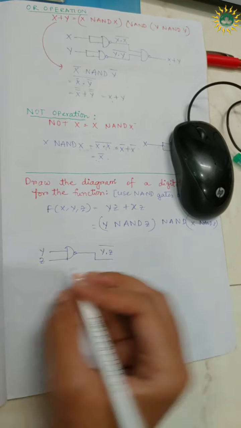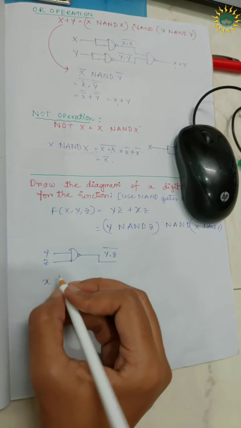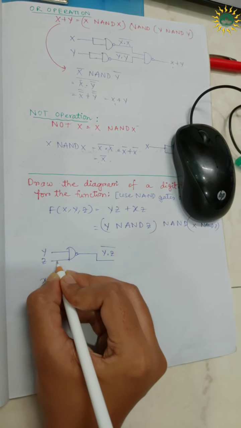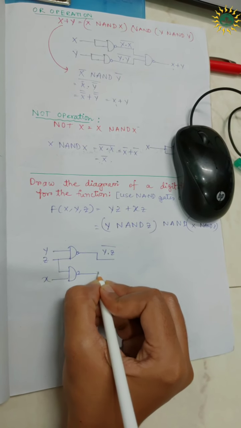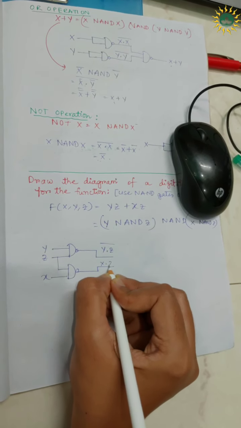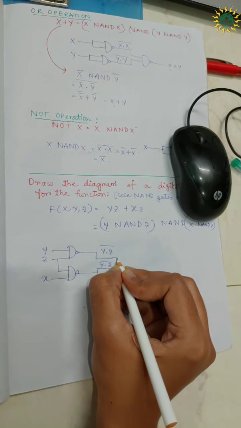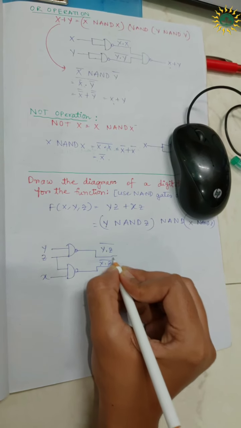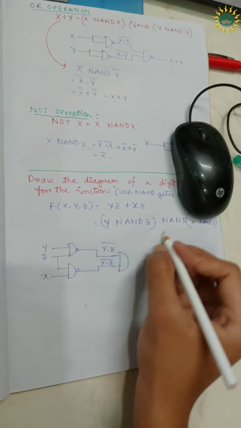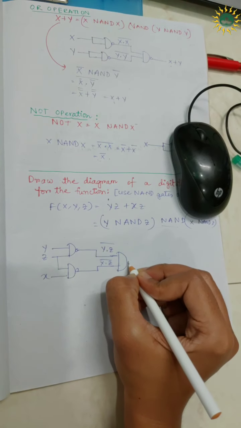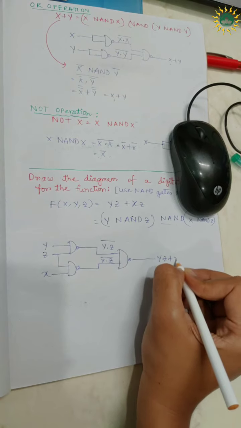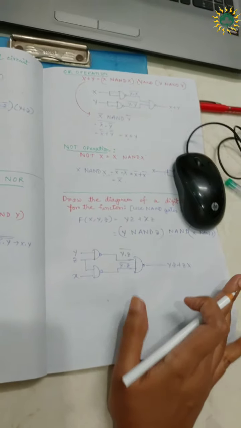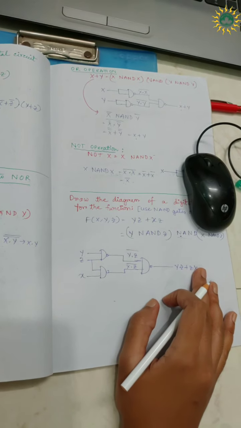Then we have x NAND z, which we can take from here. Then we can pass this to another NAND, which will give you yz plus zx.